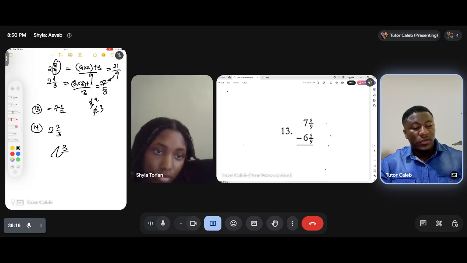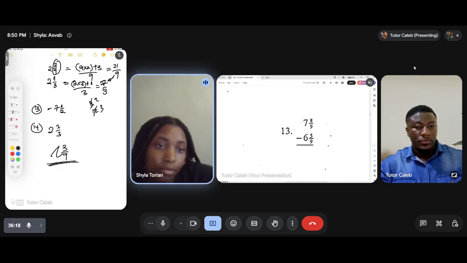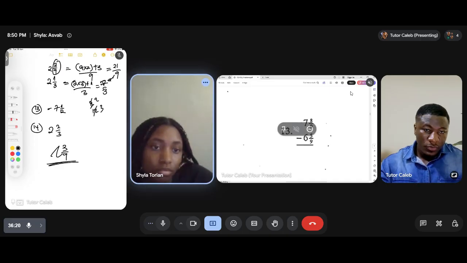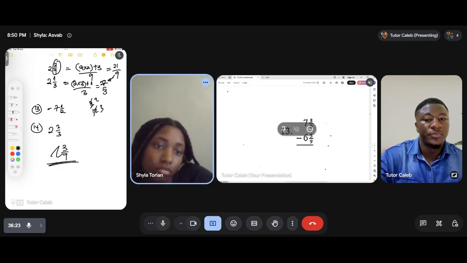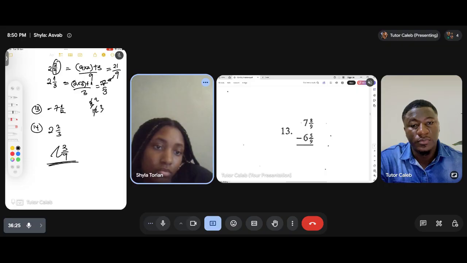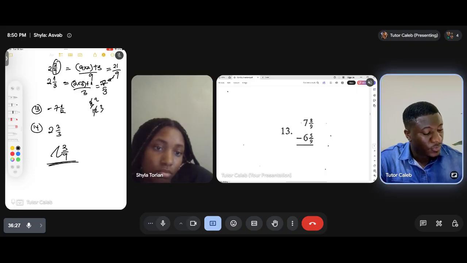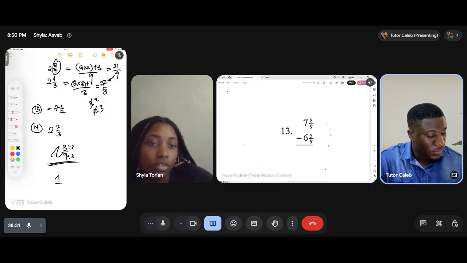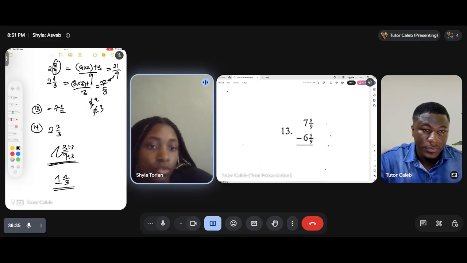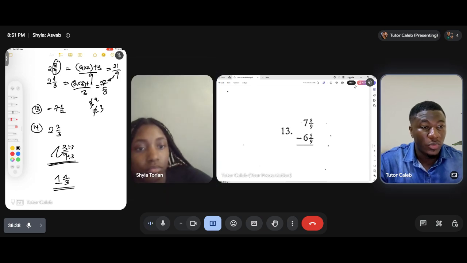You have to reduce the fraction further. Divided by 3. So 1 and 1 over 3. Yeah, 1 and 1 over 3.